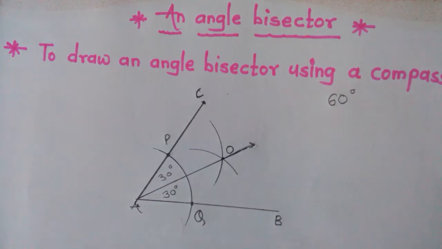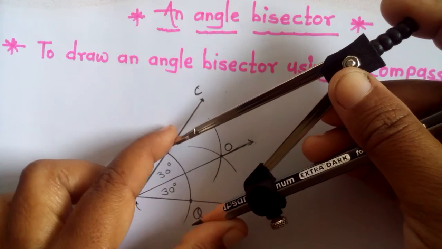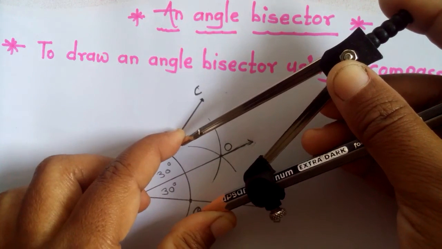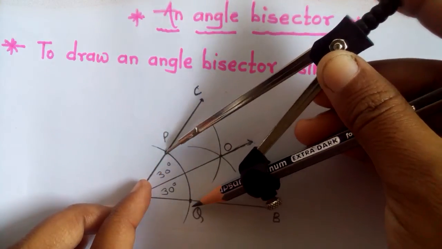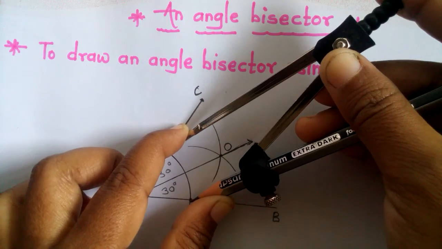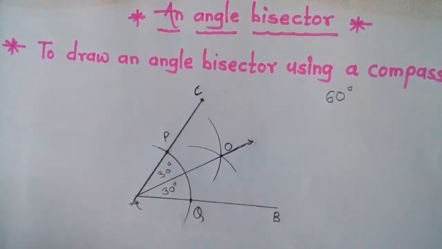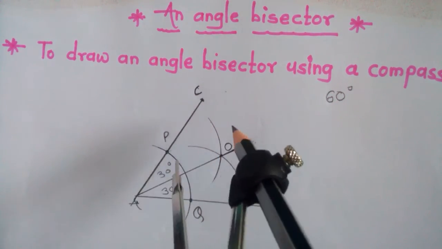Then the next step: you have to take this distance in the compass, the distance between P and Q. Then keep one point on Q and draw the arc here.